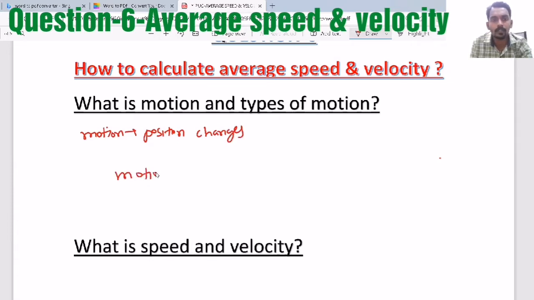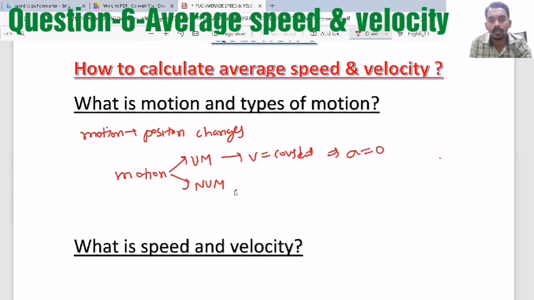This motion is of two main types: uniform motion and non-uniform motion. Uniform motion means velocity is constant, which implies acceleration is zero. Non-uniform motion is again of two types, where velocity is not constant.